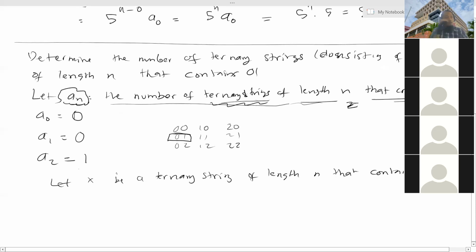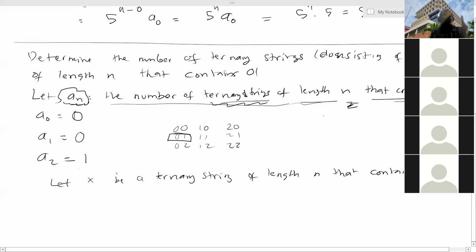Then we have different cases, right? X could begin with a 0, could begin with a 1, could begin with a 2. If it starts with a 0, then we have to consider whether the next digit is 1.